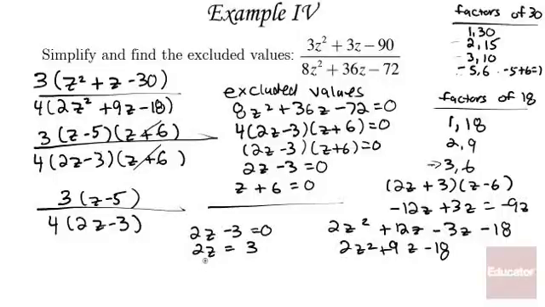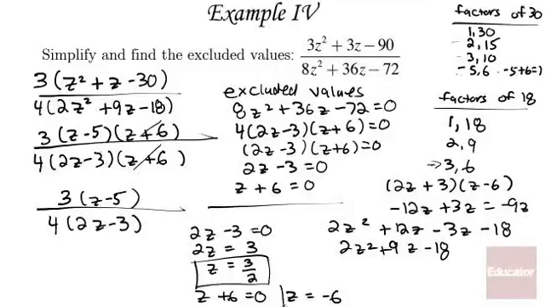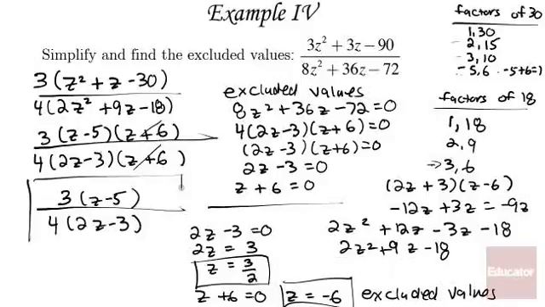Next, I'm going to divide both sides by 2 to get z equals 3 halves. For z plus 6 equals 0, I'm going to subtract 6 from both sides to get z equals negative 6. So these are my two excluded values. Okay? z equals 3 halves and z equals negative 6. Those are excluded values. Simplified form is right here.